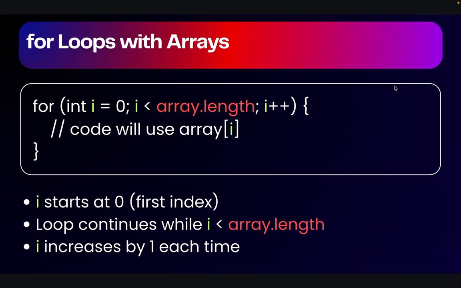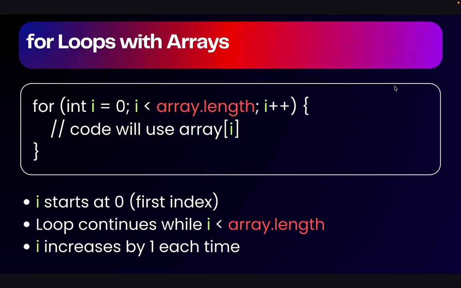The for loops work exactly how for loops work in the lectures before this, but the difference is your loop is going to take into consideration the length of the array, and that is how it knows how many times to run the loop.